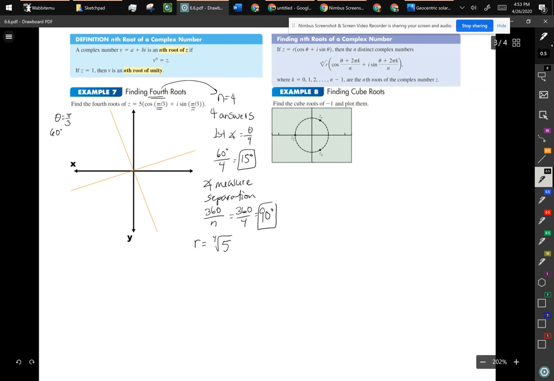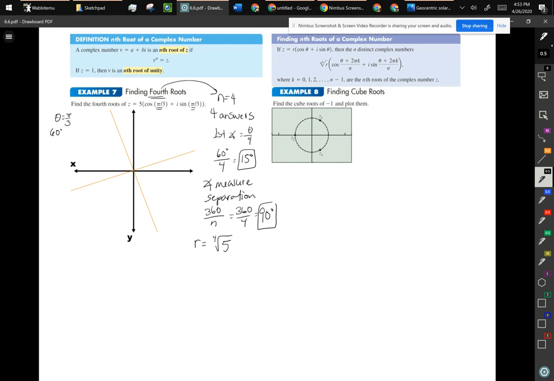That part I don't think I need to explain too much, because you know that repeated multiplication of complex numbers just means repeated multiplication of the r. And so if you have fourth root of 5 times fourth root of 5 times fourth root of 5 times fourth root of 5, or fourth root of 5 raised to the fourth, you get 5. So you know the radius has to be the fourth root of 5.